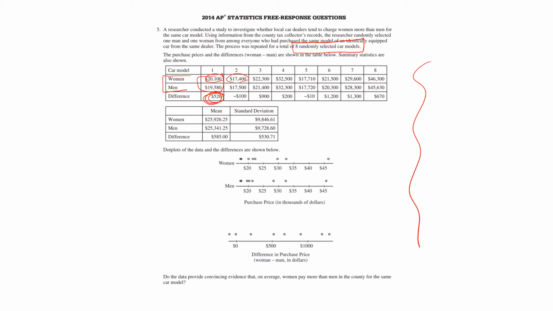The woman and the man are related because they bought from the same dealer. And we're interested in the difference of what the woman paid and the man paid from that dealer. So this is indeed matched pairs.